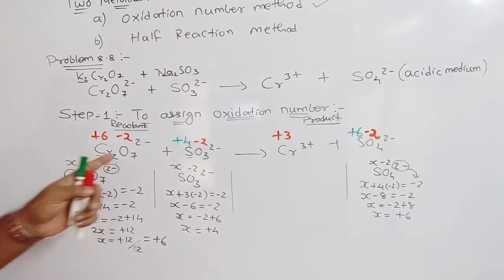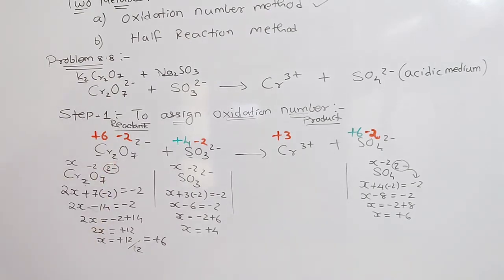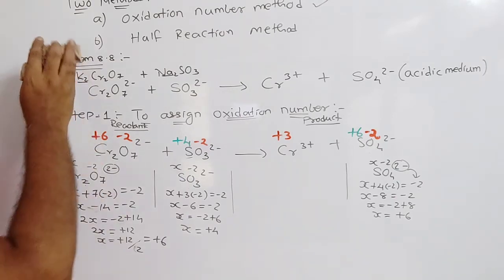Okay, so this one you can write it down. After writing this, there is a step 2 that we are going to discuss. You can write it down. The first step is to assign, as I said, oxidation numbers. Now I'll rub this part.